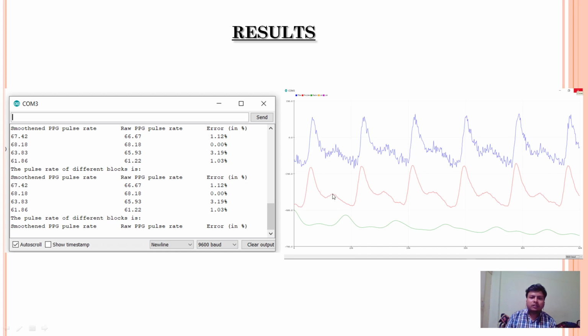This red one represents the smoothened version of it. And finally, this green one represents the autocorrelation function. As can be seen evidently, this autocorrelation function follows all the properties, starting with the maximum value at z equal to 0, with periodicity the same as the signal it is the autocorrelation of, and it is also decreasing in nature.